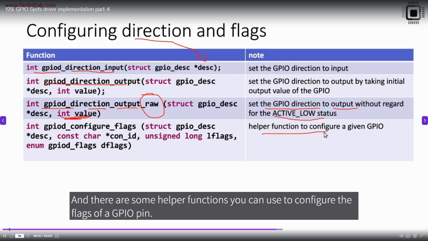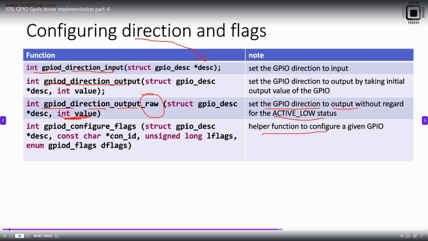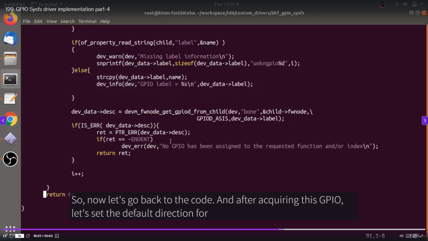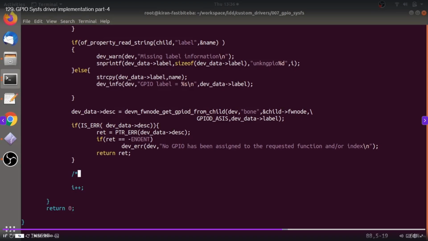And there are some helper functions you can use to configure the flags of a GPIO pin. Now let's go back to the code, and after acquiring this GPIO, let's set the default direction for the detected GPIOs.